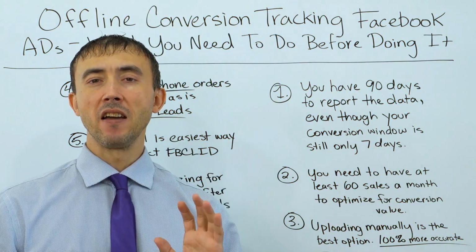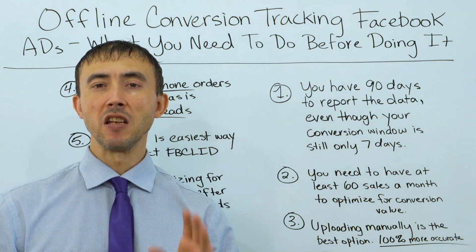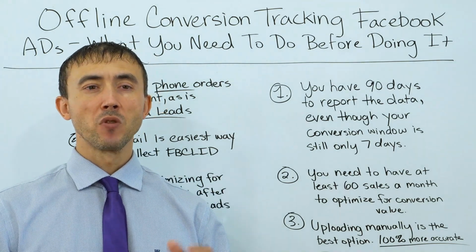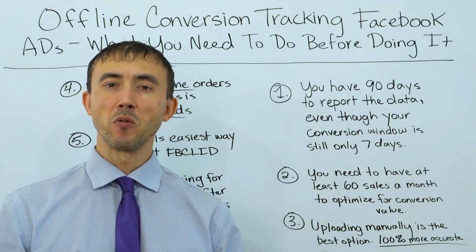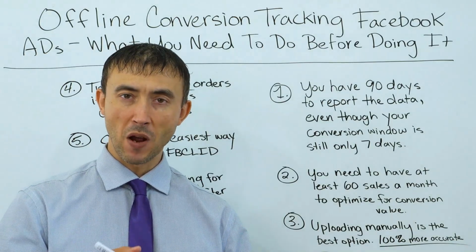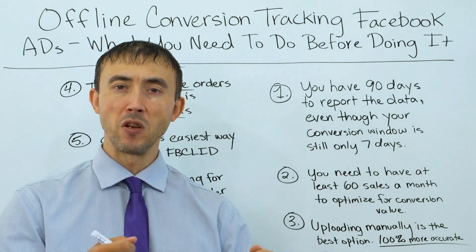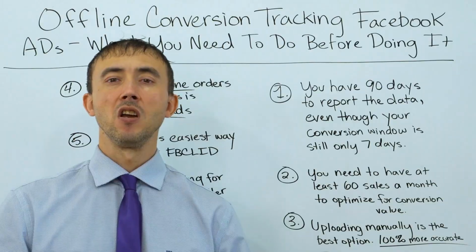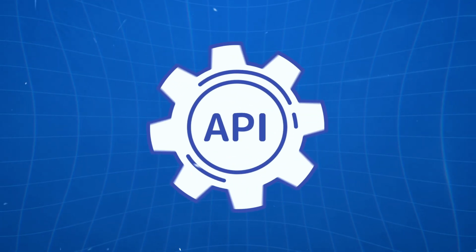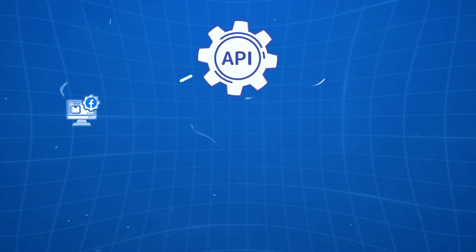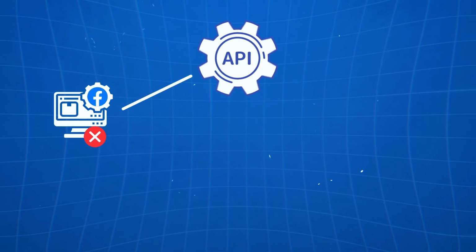On top of that, the CRM system is another thing that can go wrong. So if you upload manually, because there are 2 ways to upload conversions to Facebook: you can do it through a spreadsheet that you manually upload, which is the way that we do it at our firm for the most accuracy, or you can use the API. Ultimately, if you use the API, you're relying not only on the Facebook system to recognize your conversions, which is one point of failure.